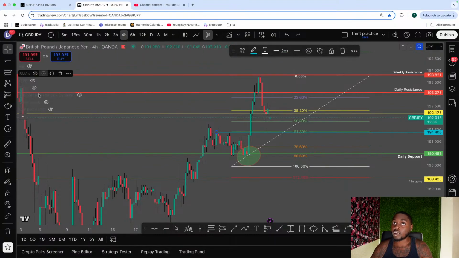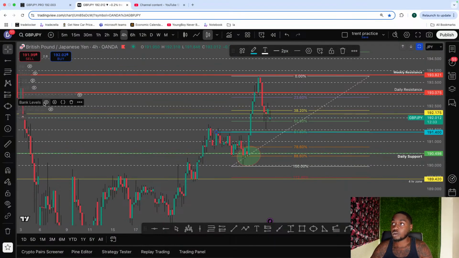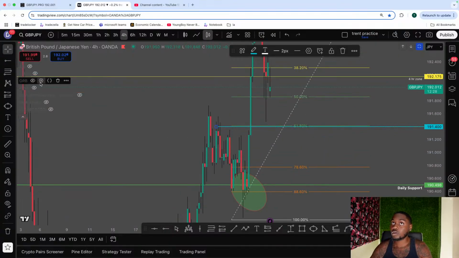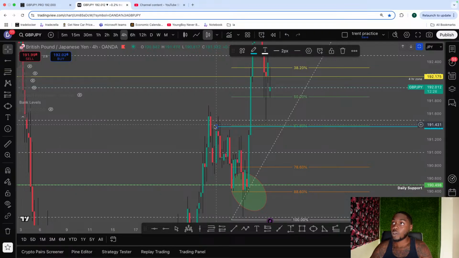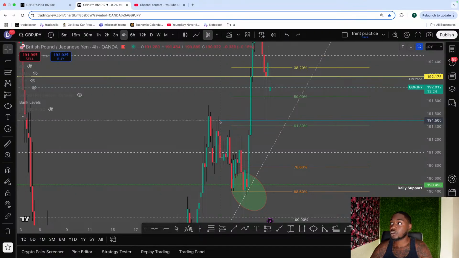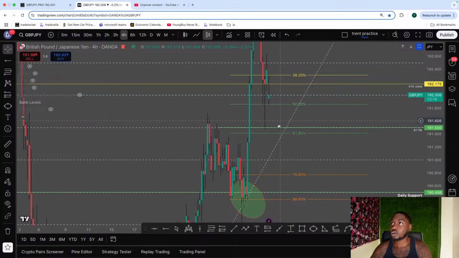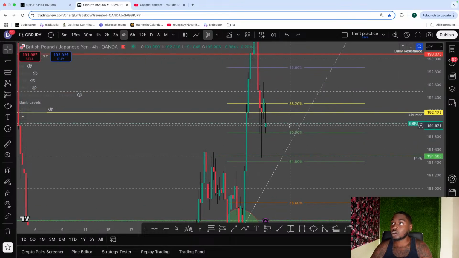So we got a fib here. Yeah, 191.856. Looks like it's right on the fib level. Label this 51. So we got our 61.50.